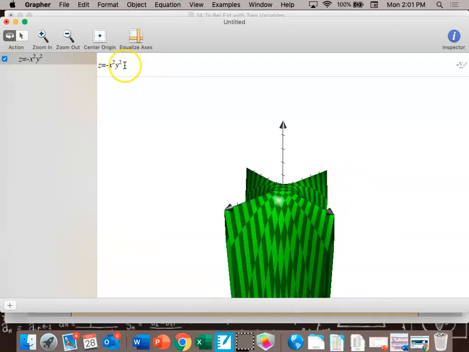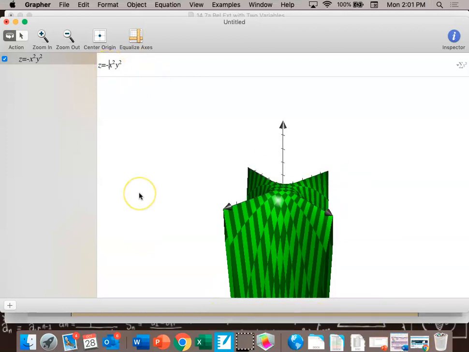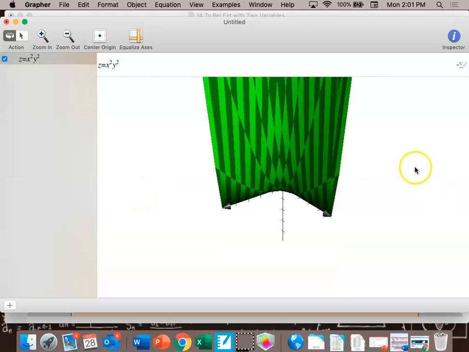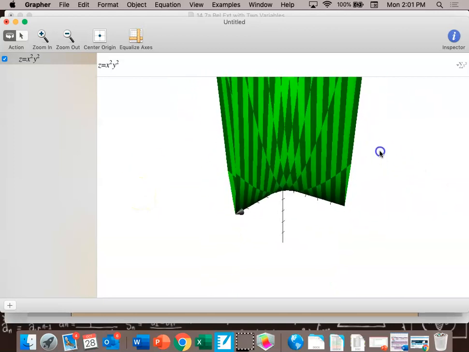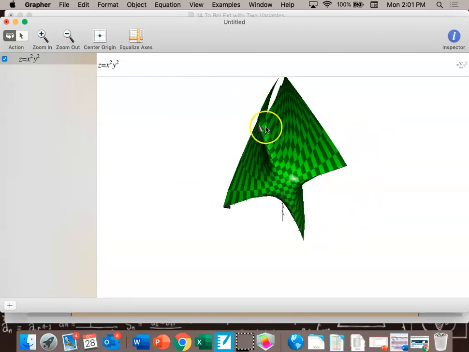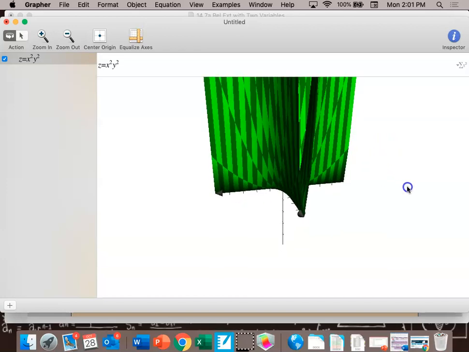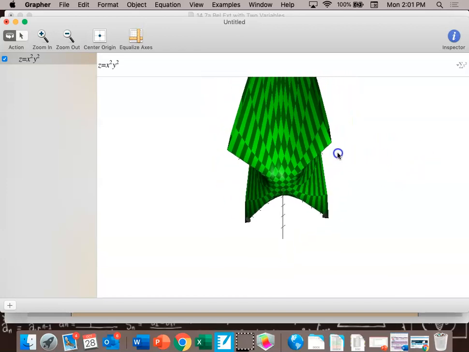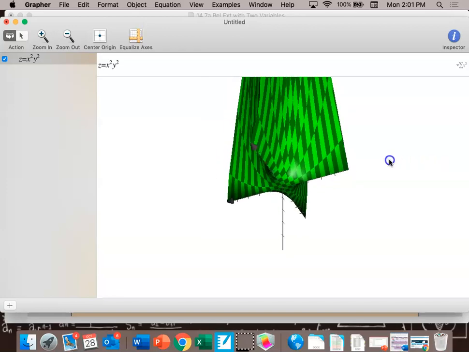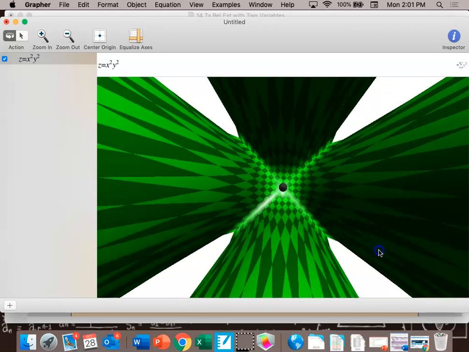You have negative x. Oh, I have a negative. That's why. Thank you. There we go. If I graph x squared, y squared, along each of these axes every single one of those points is a local min, right? So you get infinitely many local mins. Anyway, so there's your graph.